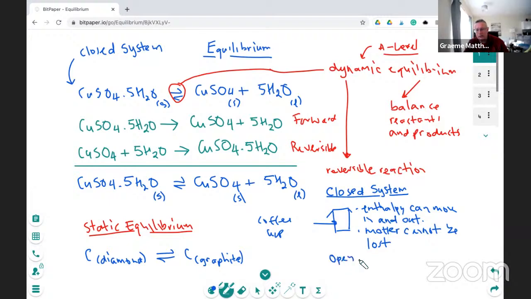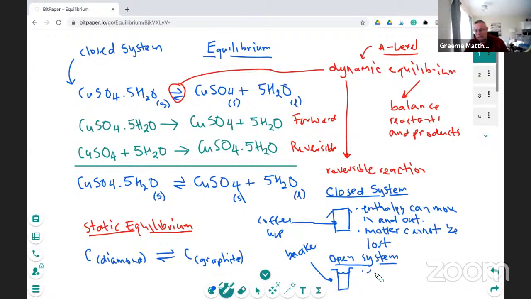An open system then is, well, it's simple. It's something without the lid on. So an open system, for example, would be a beaker like this. Beaker, coffee cup. Some kind of a solution in an open system. Now, in an open system, you're thinking, can energy leave?